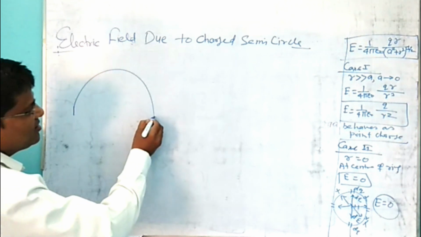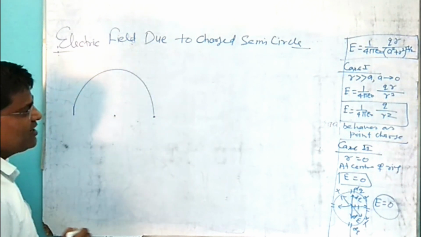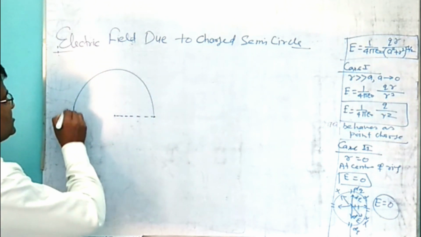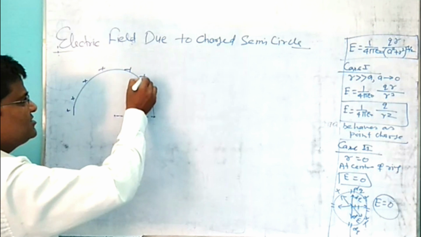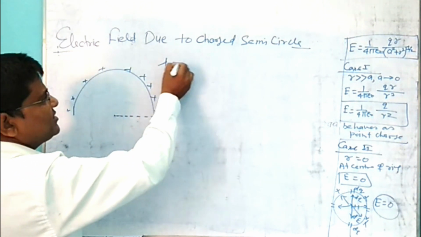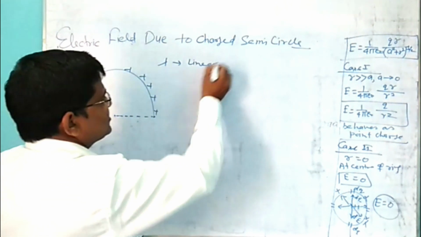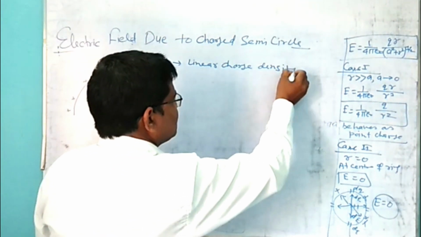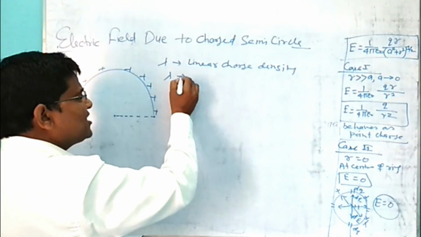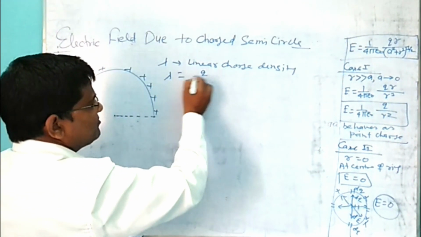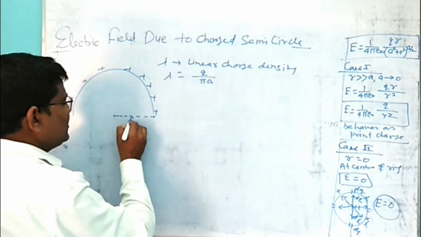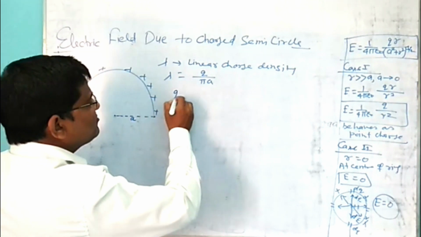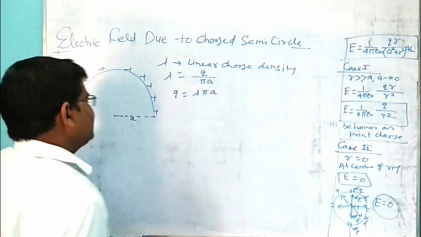We want to find the electric field at the center point O. Here a charge is given, and lambda represents the linear charge density. It means lambda is equal to charge by length, that is, q by pi a, where a is the radius. Then q is equal to lambda into pi a.